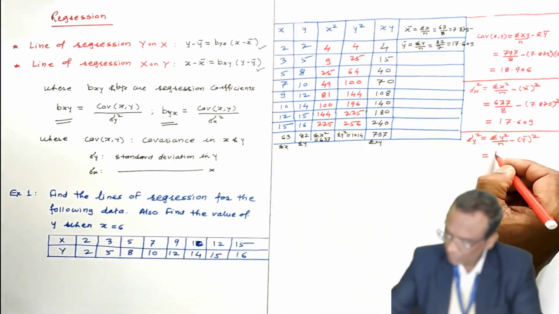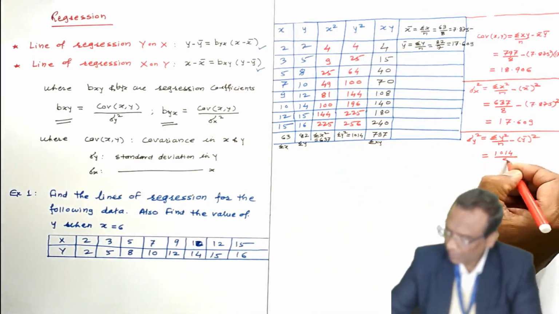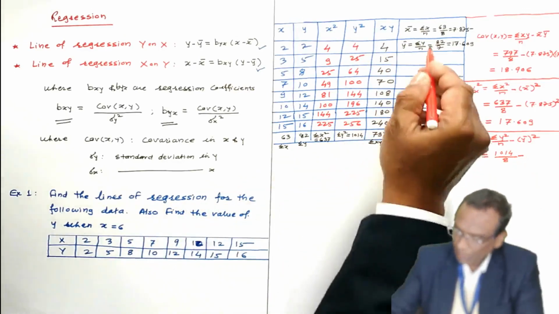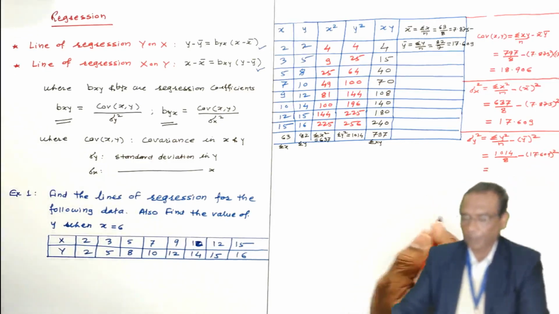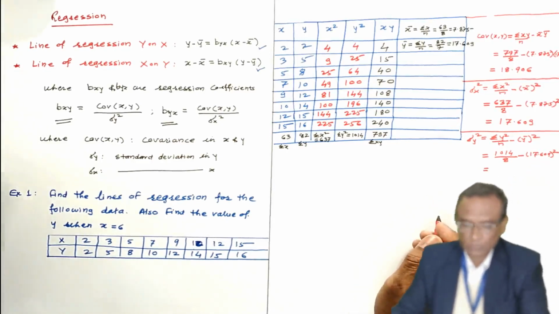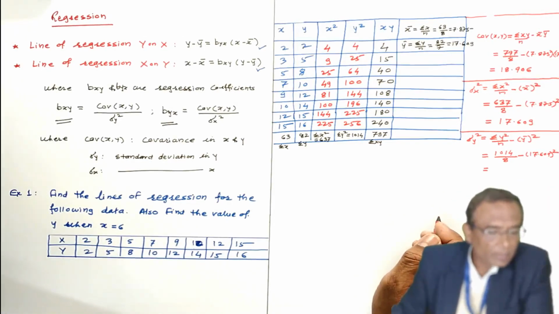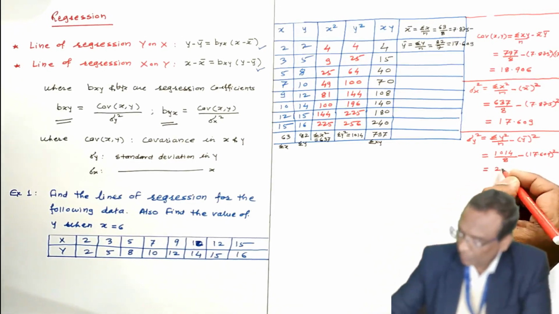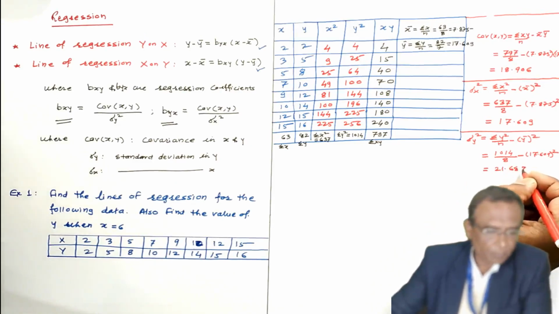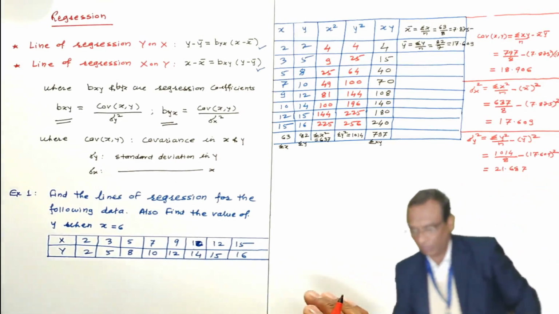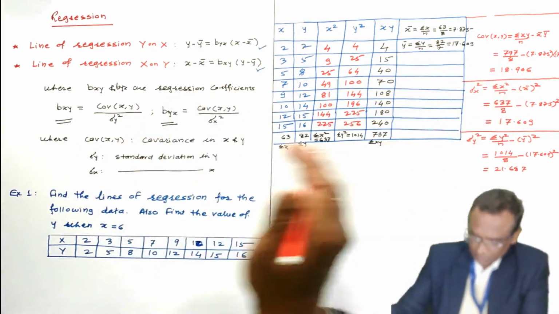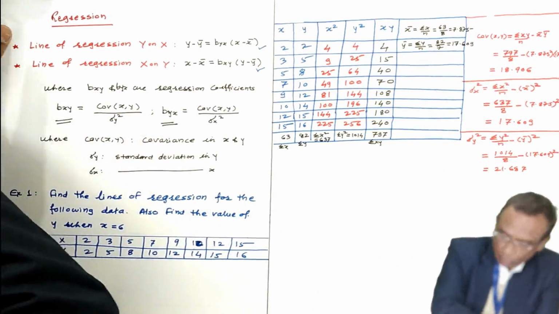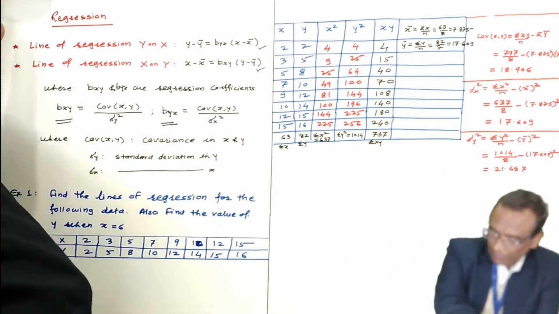Summation y square is 1014 by 8, and y bar is 17.609, squared. Now sigma y square I am going to write directly as 21.687. This is the value of sigma y square. Putting these values, covariance, sigma x square and sigma y square, we get the values of bxy and byx.